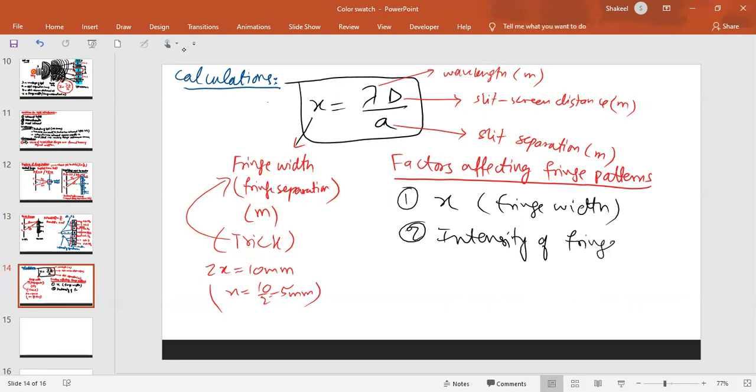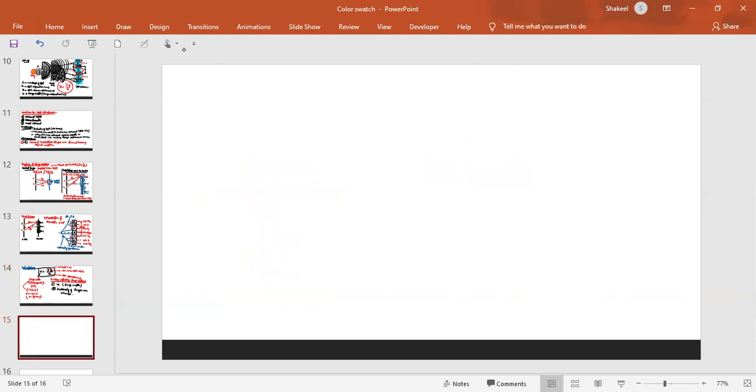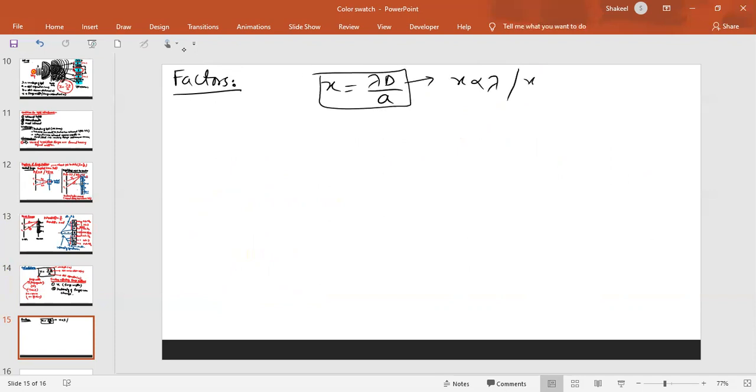These are the two things we are looking at, and that is the last thing for today. Talking about the factors, the first three come from the formula x is lambda d by a. If you look carefully, x is proportional to lambda, x is proportional to d, and x is inversely proportional to a. So it means fringe width can be affected by these three things.